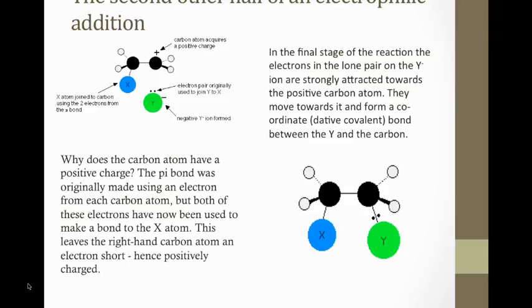Because it has a positive charge, the negative end of the electrophile-nucleophile is attracted to that end of the molecule, and there becomes a dative bond between the Y, the negative end of the combination, and the positive carbocation.